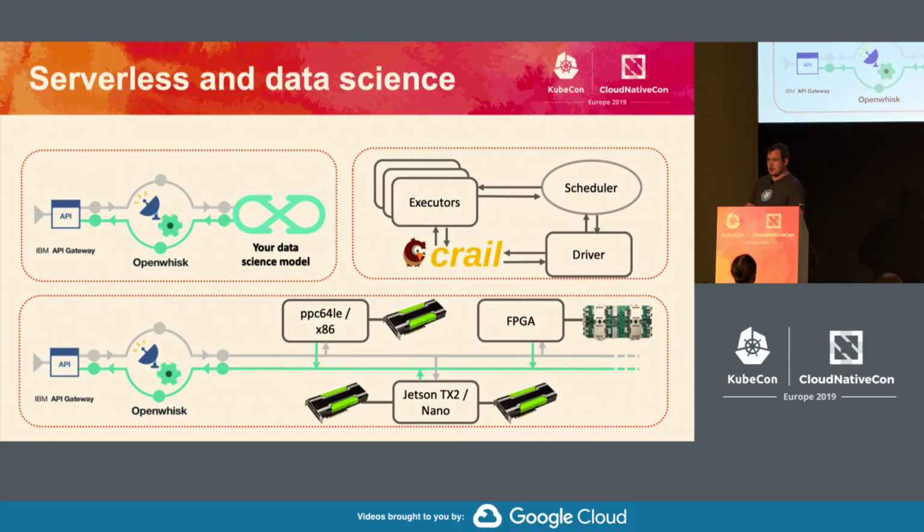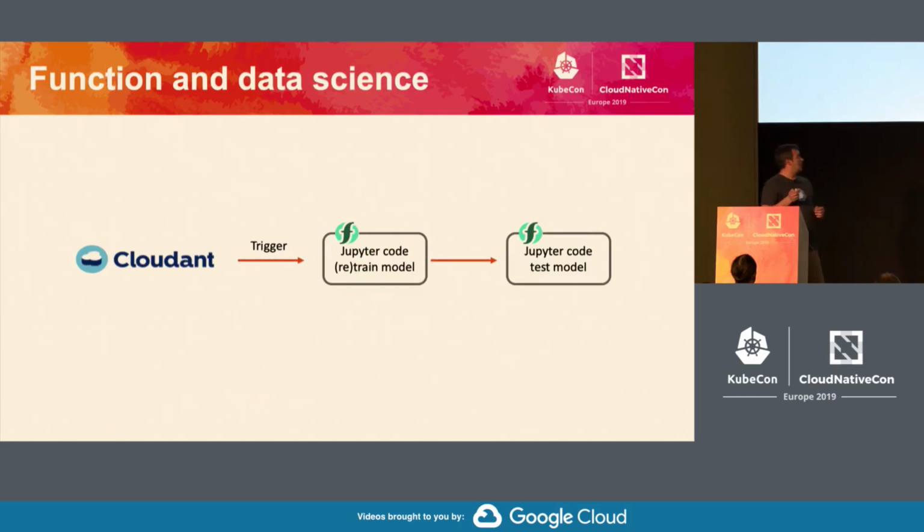But if we are talking about data science, it is really important to have enough resources, to have GPU resources, and so on. To show a demo today, I decided to use a simple design. We have CloudNat. We have a trigger which will invoke the Jupyter code with model training, and we have code which will test the model.